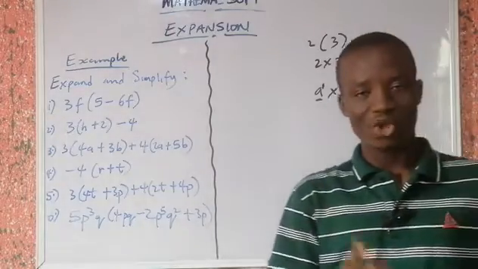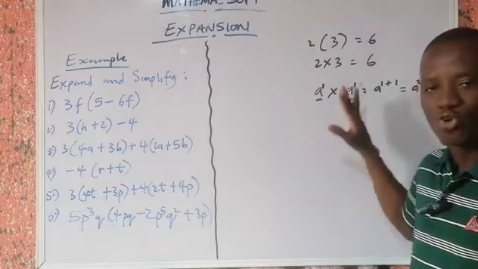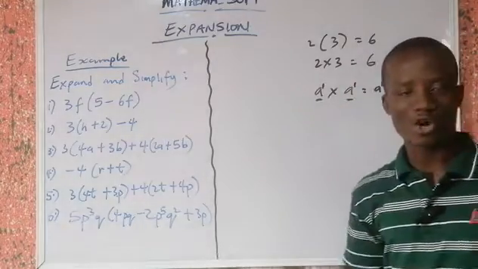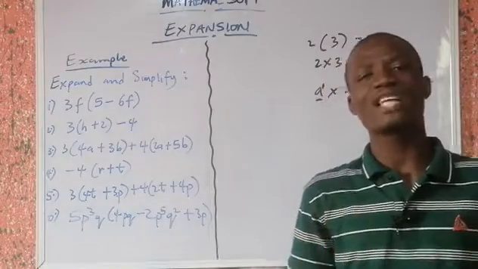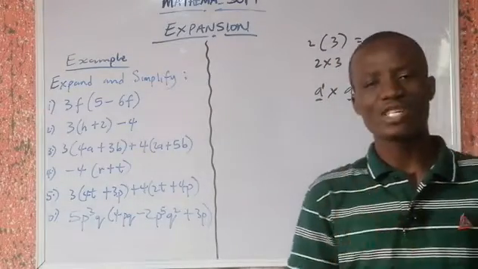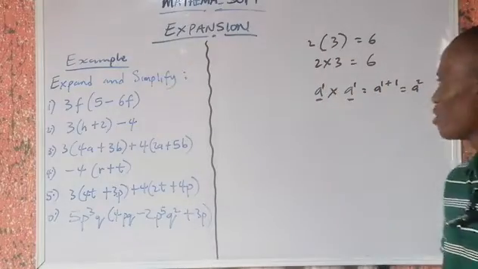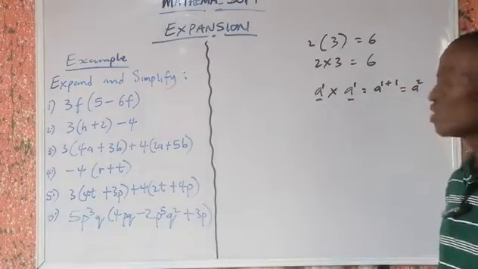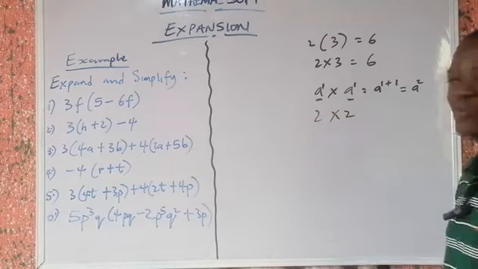Under our indices topic, we derived and proved all these laws of indices just to show you that they are not just imported into mathematics, they obey the fundamental principle of mathematics. If you really want to prove this, we can test it out with 2 times 2.